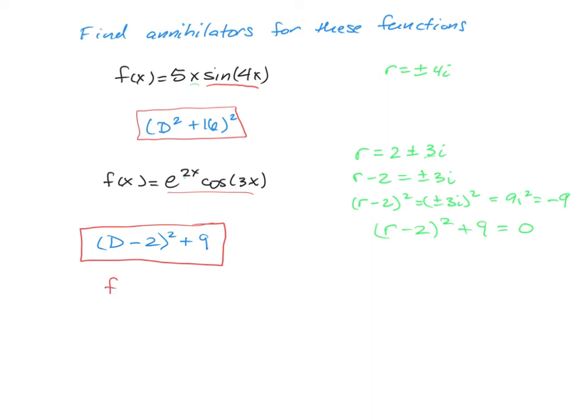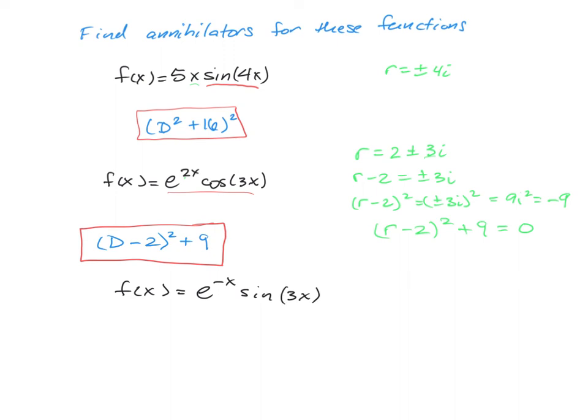It's f of x is equal to e to the negative x times now the sine of 3x. So let's just write down the annihilator without going through the explanation for it.